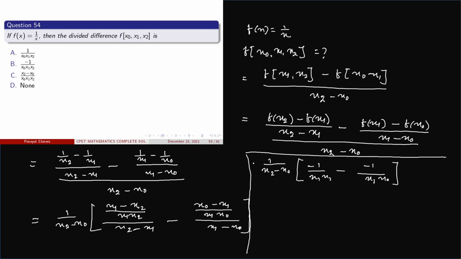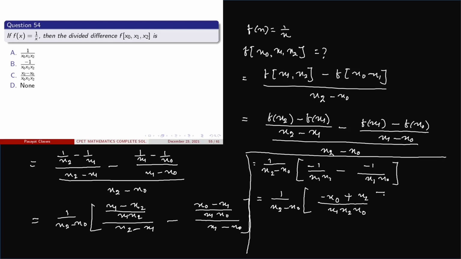And on solving this, we get 1 by x2 minus x0 into x1 x2, x1 x0. So the LCM is x1 x2 x0. In this case minus x0, and minus minus is plus, and in the place of x1 x0 this one is x2.